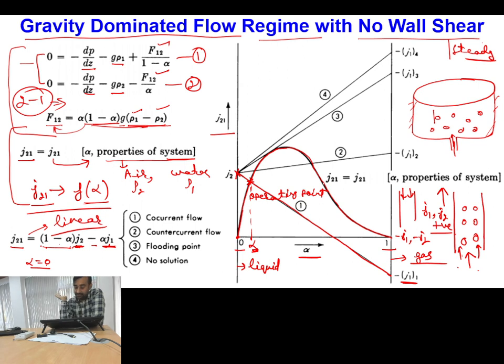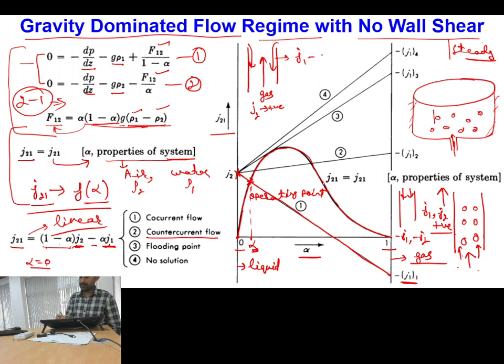Now the second situation is counter current flow. Counter current flow will exist for a system where, say, the liquid is flowing down and the gas is moving up. So J2 will be positive and J1 will be negative.